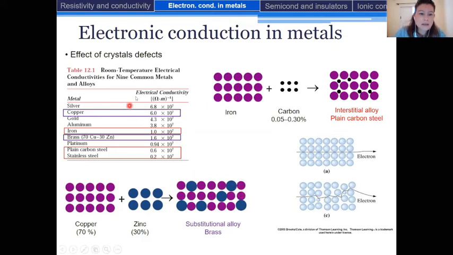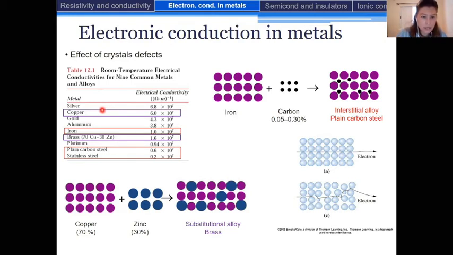So in this table are reported, for pure metals but also for alloys, the electrical conductivity. As you can see, all of them are in the range of 10 to the power 7 ohm meter inverse.